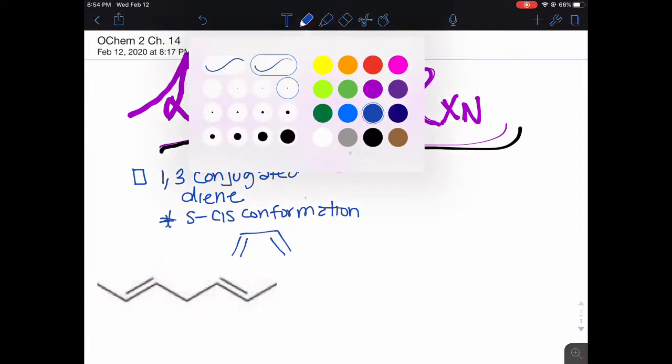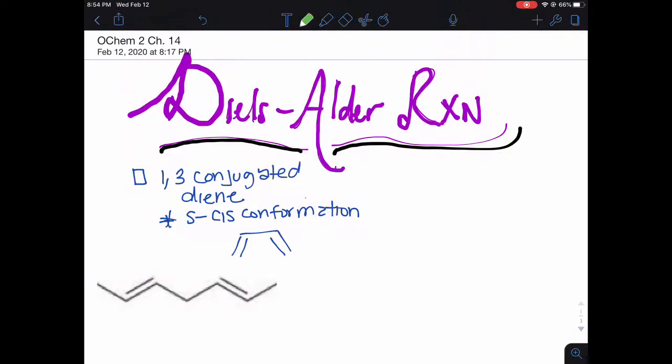you will see the reason why this is 1,3 conjugated. You see, if you count 1, 2, 3, right? The pi bonds are in 1,3 proximity to each other.